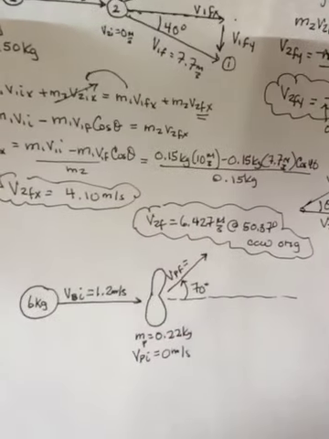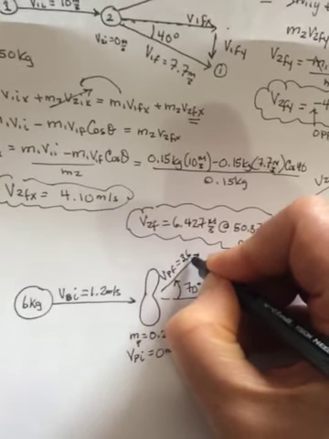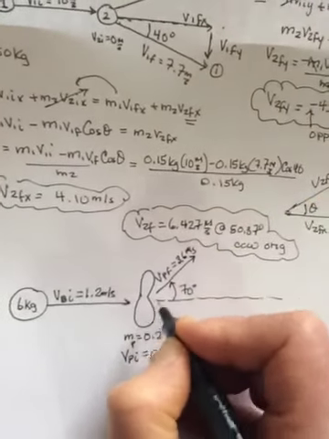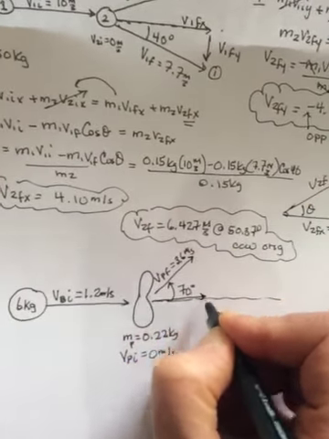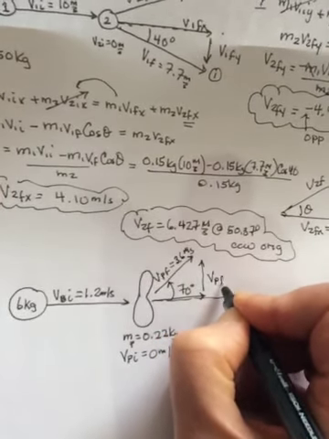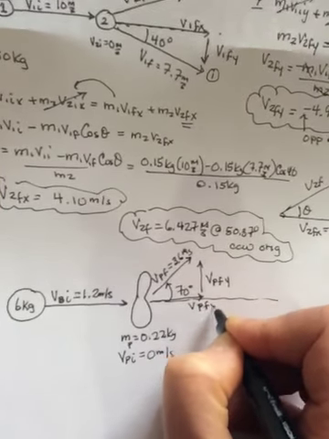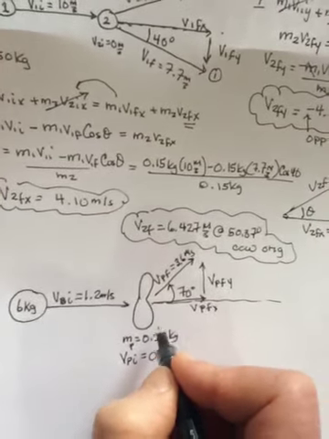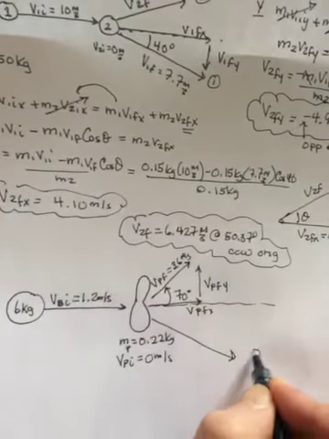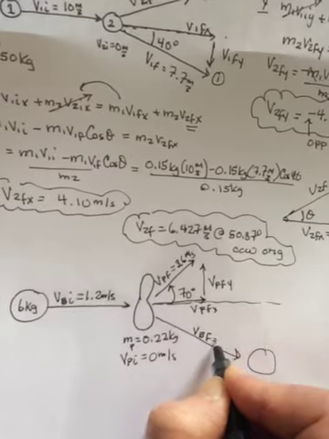And it tells us in the givens that its velocity is 3.6 meters per second. So this will be V of the pin final y, and this will be V of the pin final x. If the pin's going up that way, then the ball's coming down this way. And you're looking for V of the ball final.